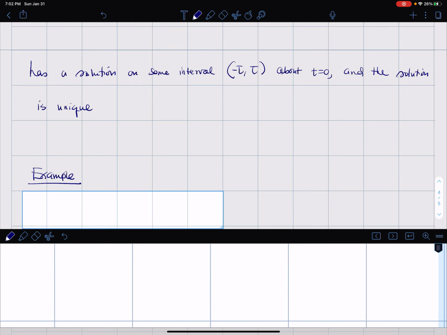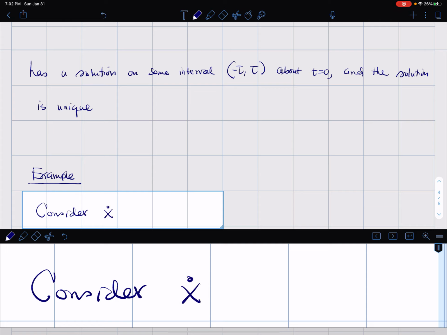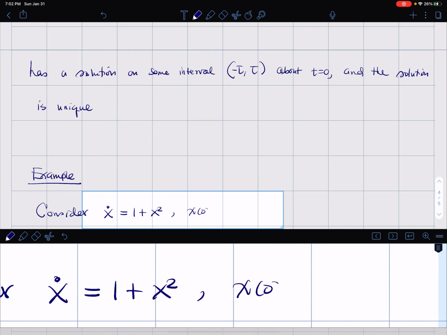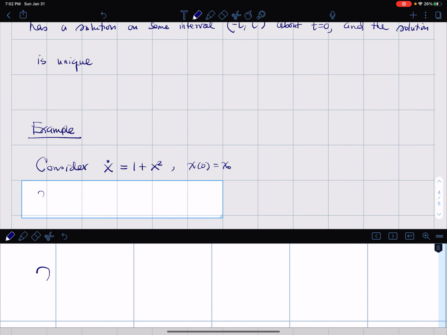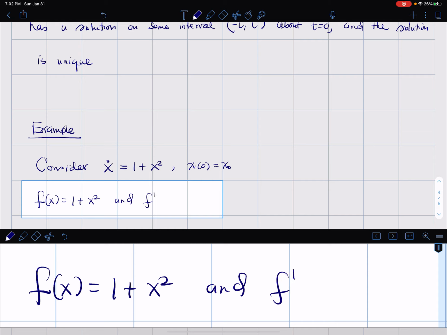So consider the differential equation x dot is equal to 1 plus x squared, with initial condition x of 0 is x naught. Let's see. If we take our f of x here, it is 1 plus x squared, and f prime of x is equal to 2x, right?